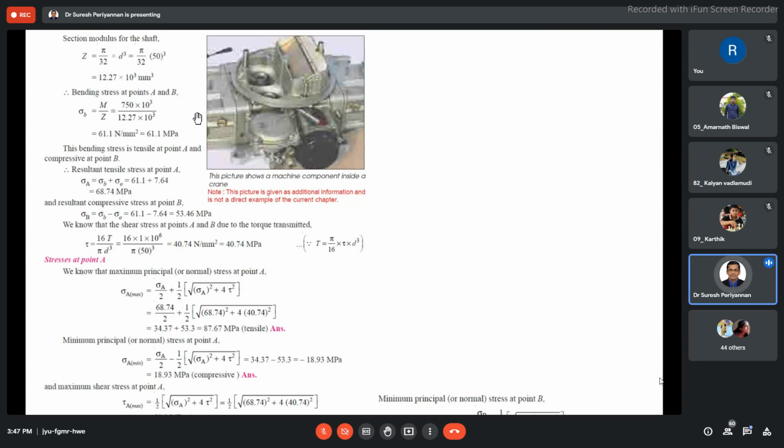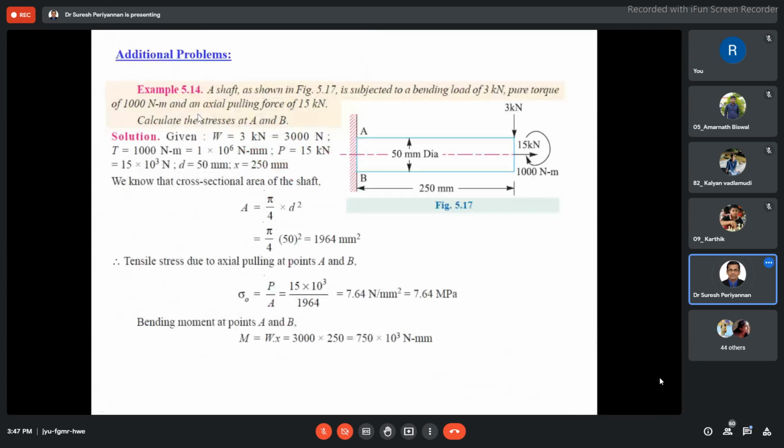Once we find out the bending stress, we know which portion of the component is going to be compressive and which portion tensile. Now the point A, is it going to be subjected to compressive or tensile? Tensile, sir. At the point B, it will be compressive.